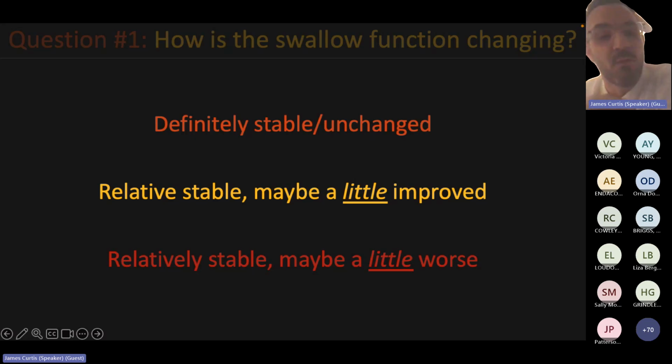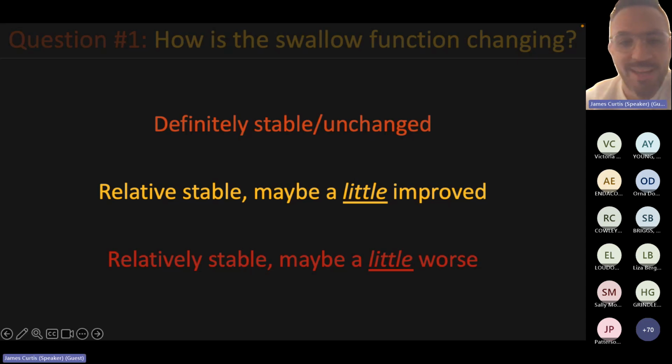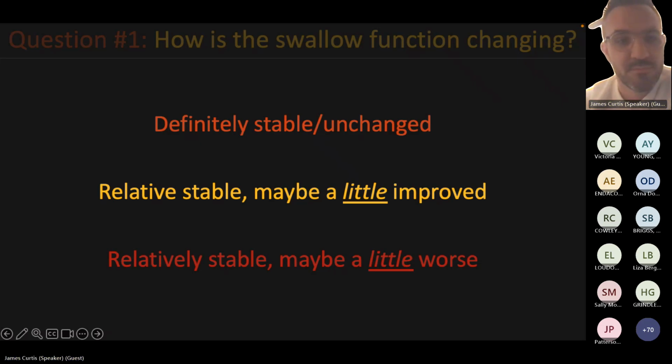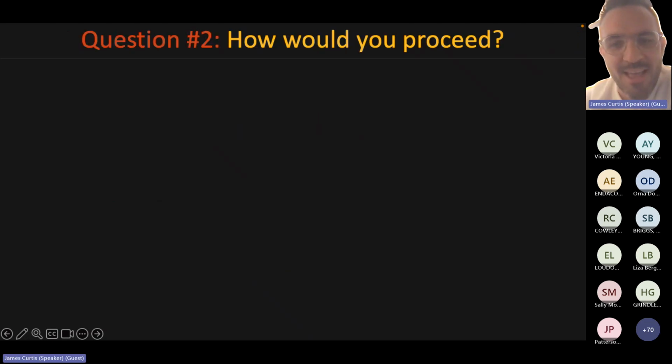Okay, do you think they're relatively stable, maybe a little bit improved? Raise your hand. Put your hand down. Raise your hand if you think they're relatively stable, but maybe a little bit worse. All right, and put your hand down.